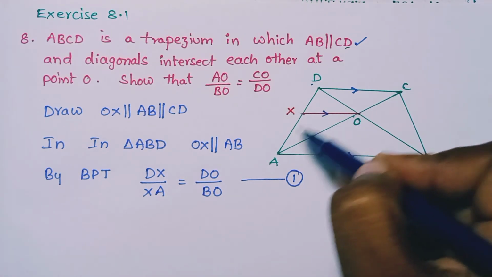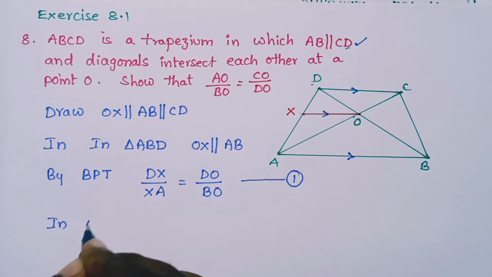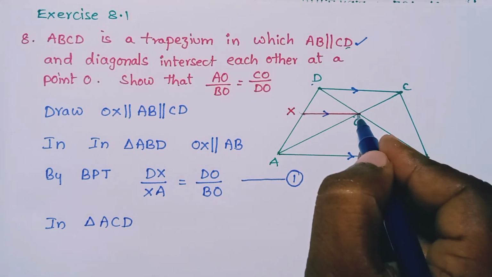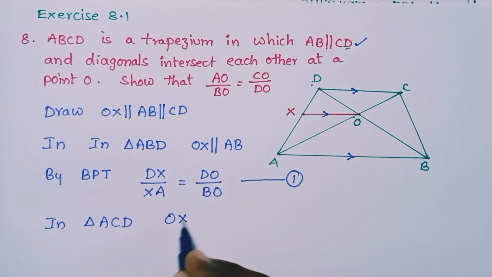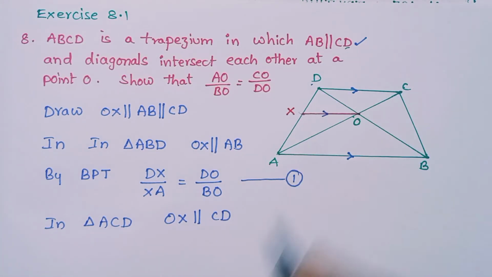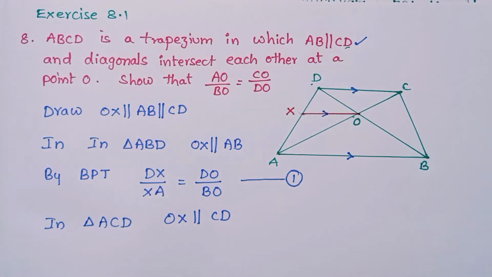And take the triangle ACD. In triangle ACD, again this OX line is parallel to CD. Here also we can apply basic proportionality theorem.